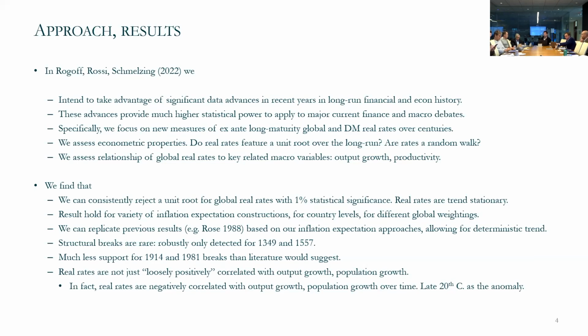When we do Chow tests, they are confirmed on a couple of levels, but far less than you would expect given all the narratives, all the major debates about these inflection points, about the shift from fixed to floating exchange rates in 1914. Only 1349 and 1557 are confirmed in our analysis.